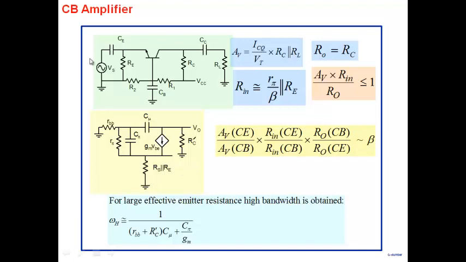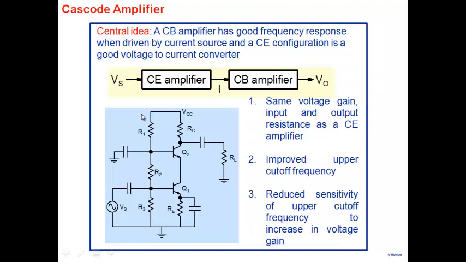But when you attach a large resistor, that results in a very low value of gain. So as an attempt to take advantage of the common base amplifier, a strategy was thought of: the common base amplifier works best when you drive it through a large resistance. Large resistance means effectively a current source.